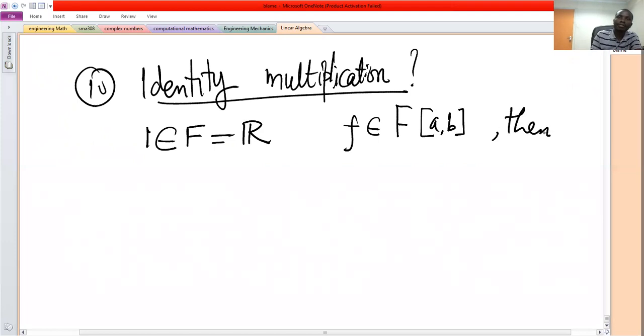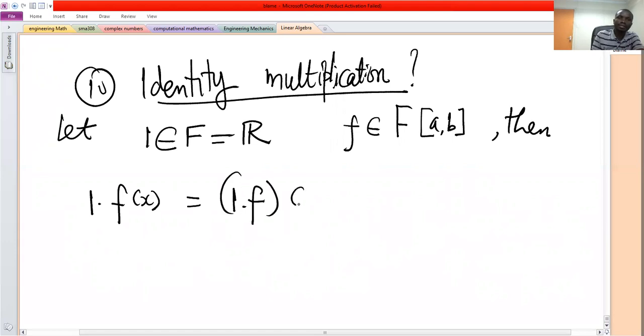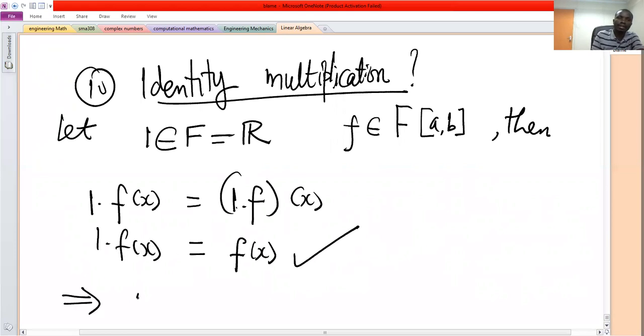Then if you take 1 times f of x, it's the same thing as saying 1 times f of x, and 1 times f is just f. So this is what we have. And so this implies 1 times f is just f.